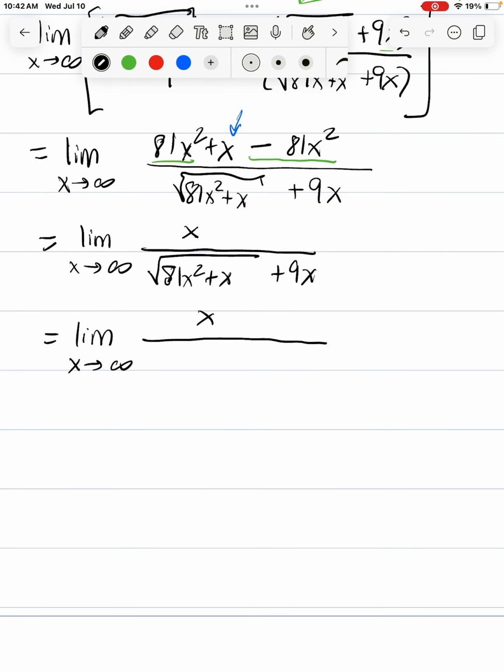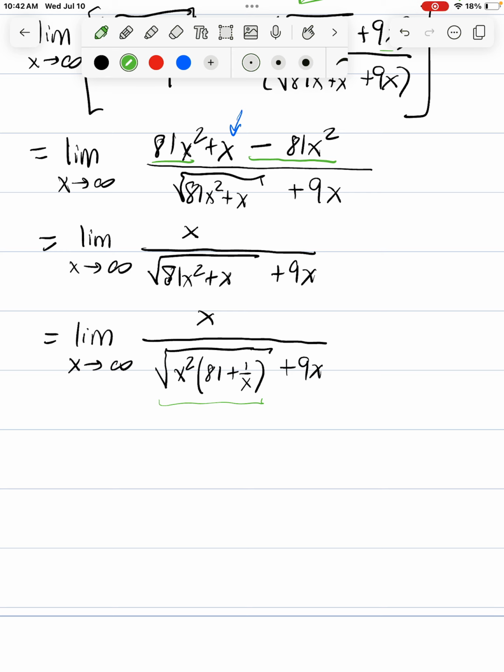On the bottom, I'm going to pull out an x squared from the square root. So should I show the steps? Okay, I'll show a few more steps. So x squared times 81 plus 1 over x, and then plus 9x. And when I pull out the square root of x squared, remember I'm kind of skipping a step. I have a square root of a product.